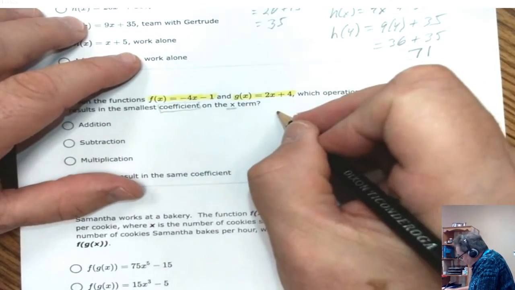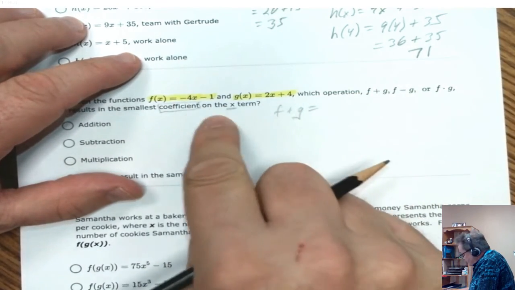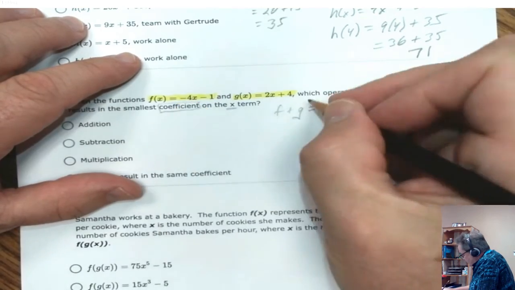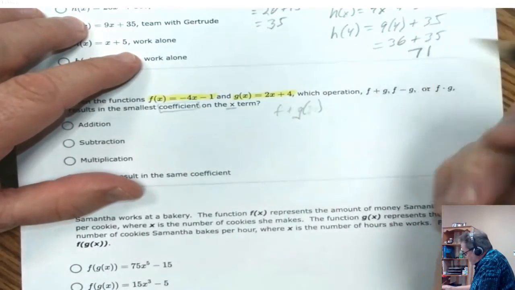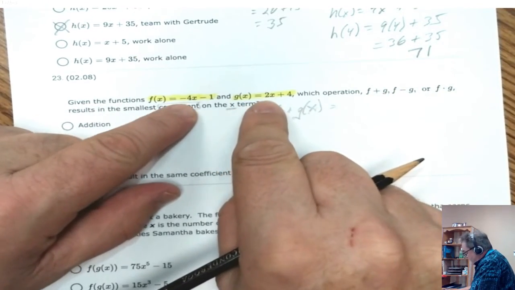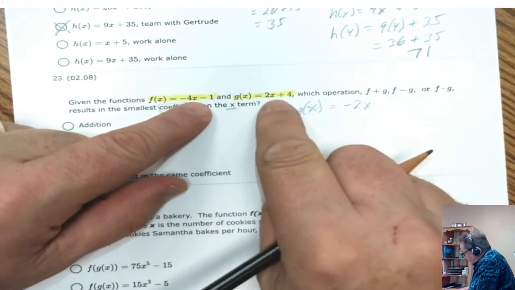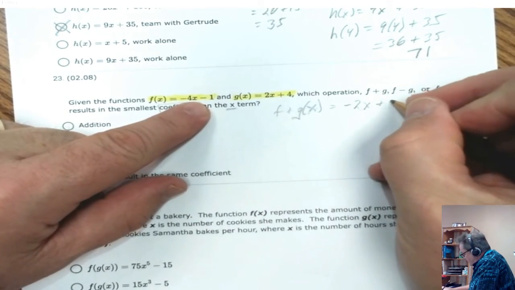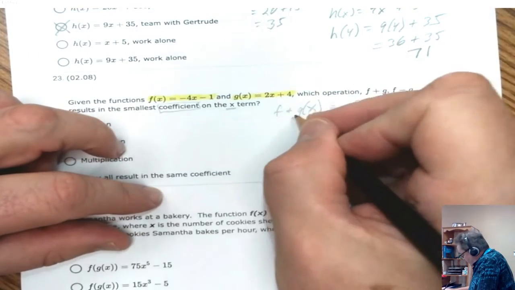So (f plus g)(x) equals negative 4x plus 2x, which is negative 2x. Negative 1 plus 4 is plus 3. So there is what they are added together.